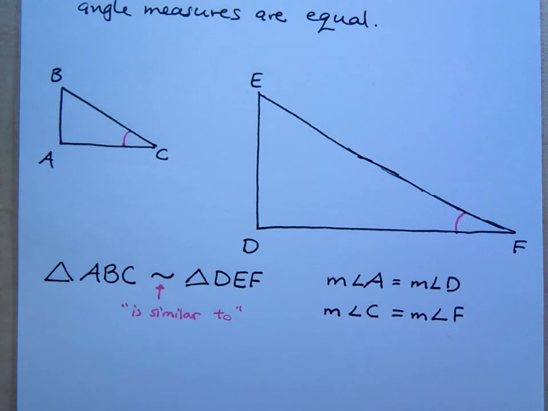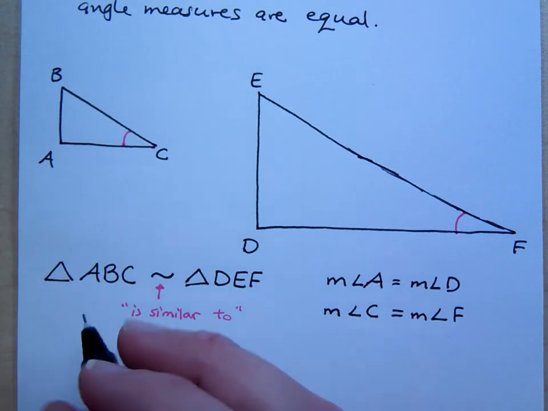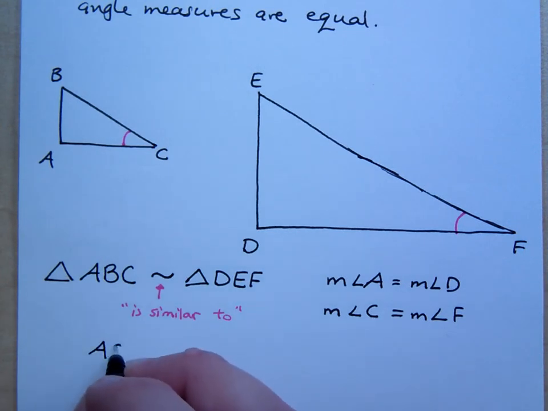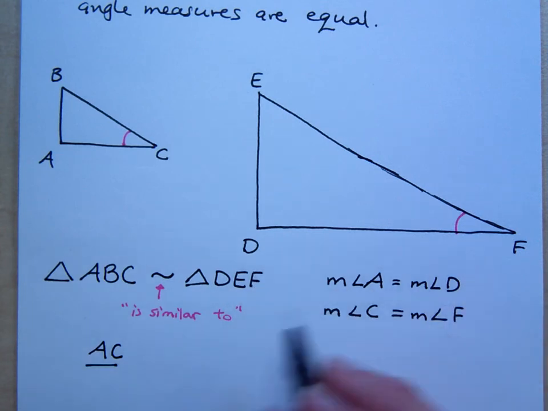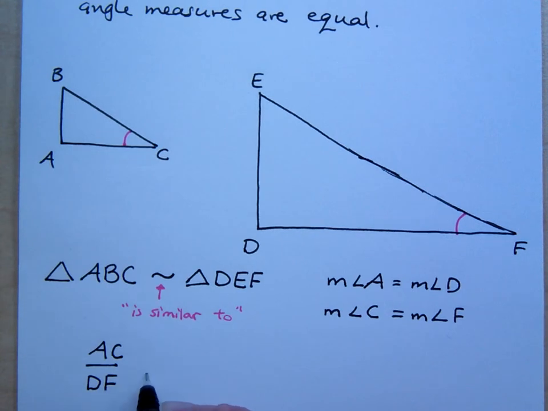Now we said that corresponding side lengths are proportional, and here's what that means. That would mean that the length from A to C compared to D to F, so we have to talk about corresponding parts here, this guy would be proportional or equal to another set of corresponding parts.